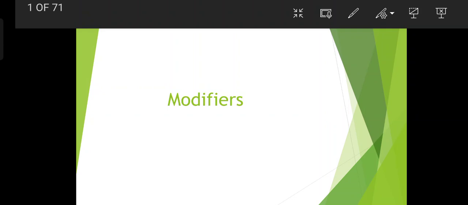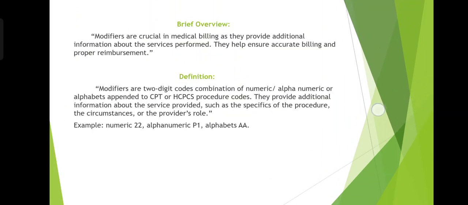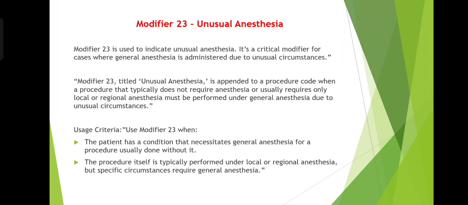Let's start with modifier 23, also known as unusual anesthesia. This modifier is used when a procedure that normally doesn't require anesthesia needs it due to exceptional circumstances.